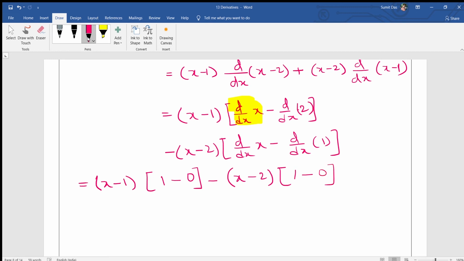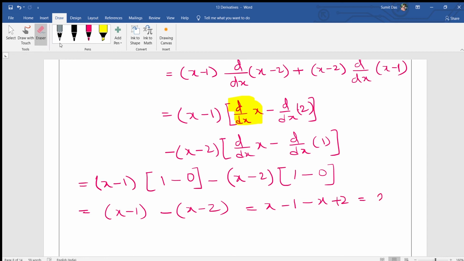The derivative of any constant will be 0, if there is only a constant. If x is multiplied, we have to take the constant common at that time. So if you simplify, we get (x minus 1) times (1 minus 0), which is 1, plus (x minus 2). So it will be x minus 1 minus x plus 2. Answer is 1, because x cancels and 2 minus 1 is 1.